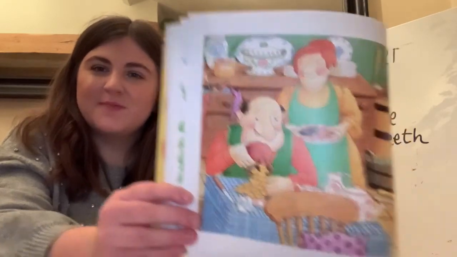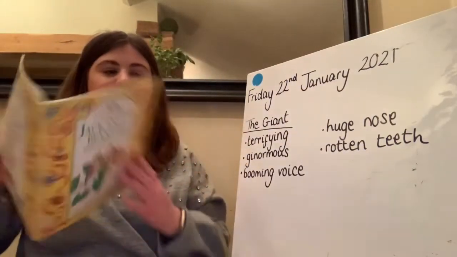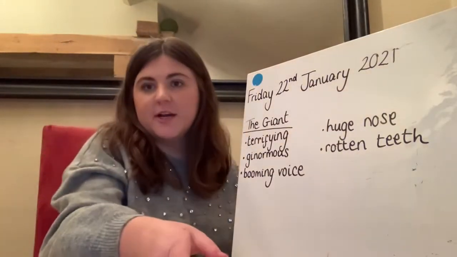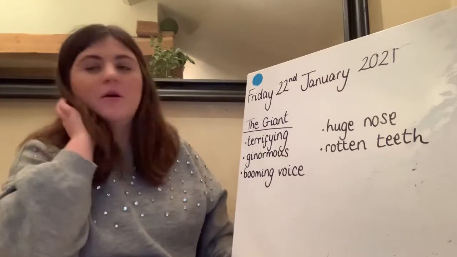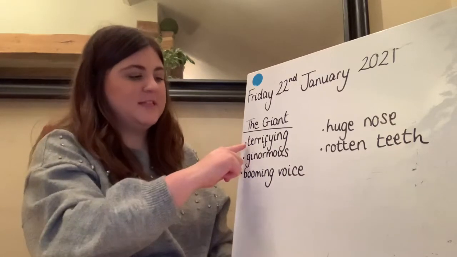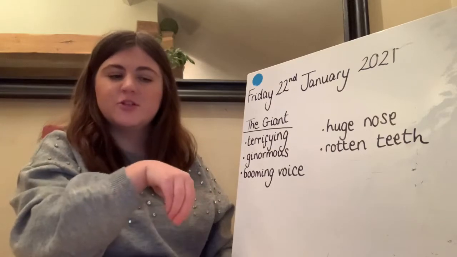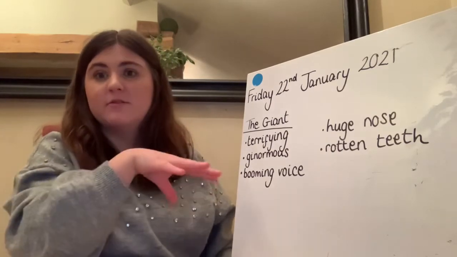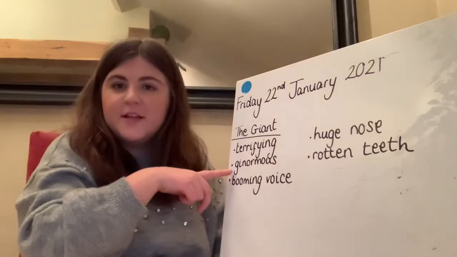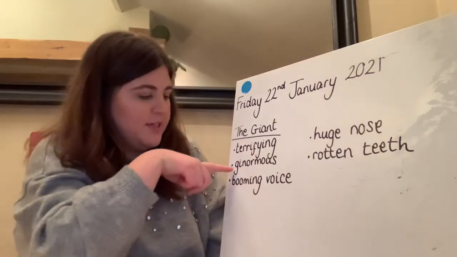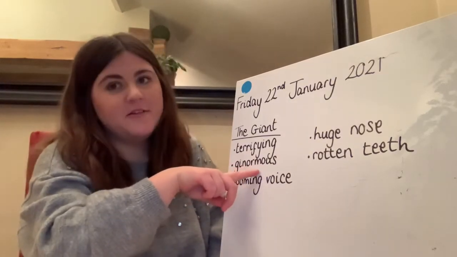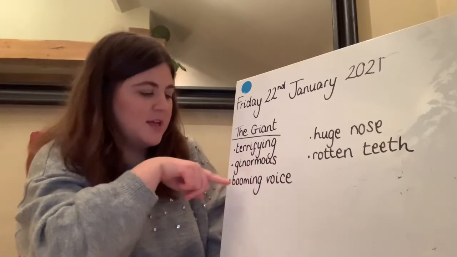Super duper. Now I have come up with some adjectives for the giant and I have written them on my whiteboard. So I have said terrifying. That's how I'm going to describe the giant. I'm describing him as terrifying. Another adjective I've got on my whiteboard is the word ginormous, because I think the giant is ginormous.